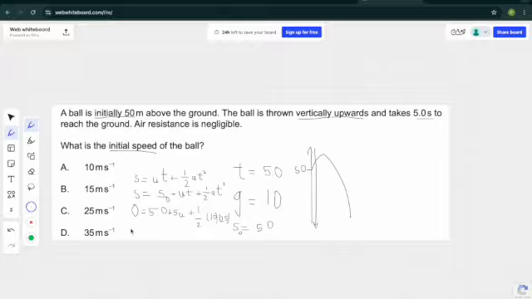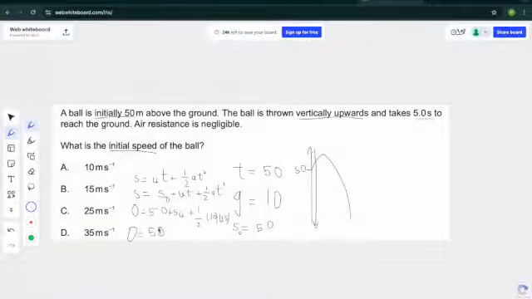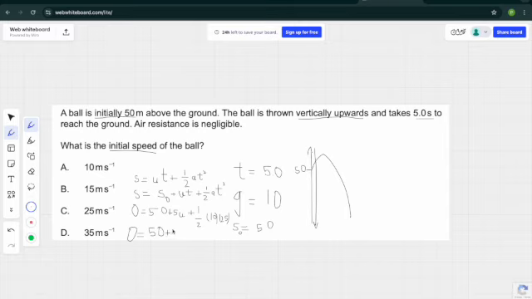So if we solve for this, we have 0 equals 50 plus 25 times 5, because 10 by 2 is 5. So 25 times 5 is 125. So let's just write it as 125 plus 5u.